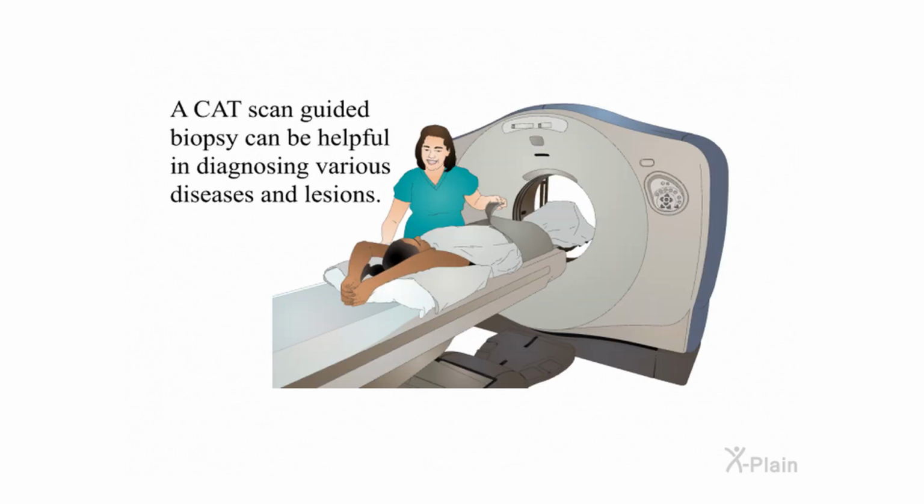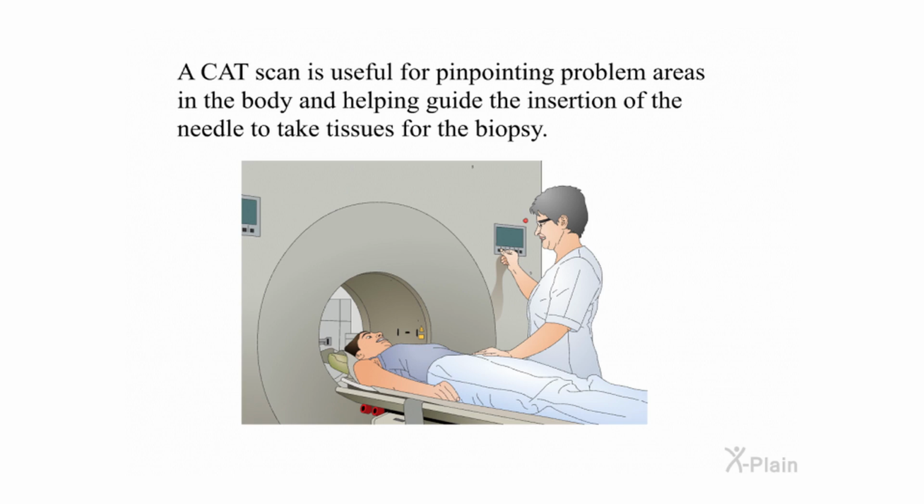Summary. A CAT scan guided biopsy can be helpful in diagnosing various diseases and lesions. A CAT scan is useful for pinpointing problem areas in the body and helping guide the insertion of the needle to take tissues for the biopsy.